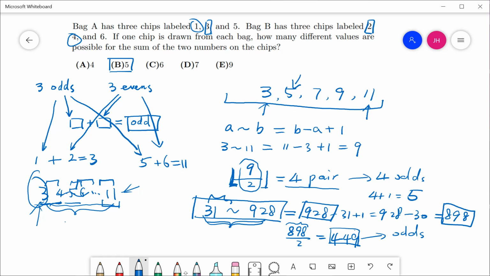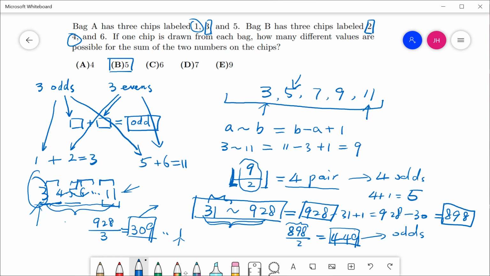So within the 898 integers, how many triples do we have? That equals 299, and we have a remainder of 1. So we know that there are at least that many triples, and of course, at least that many multiples of 3, and we have 1 left over.